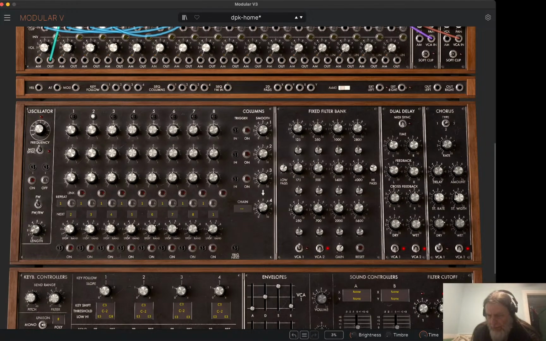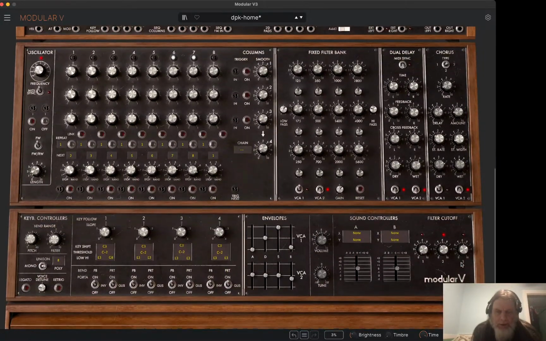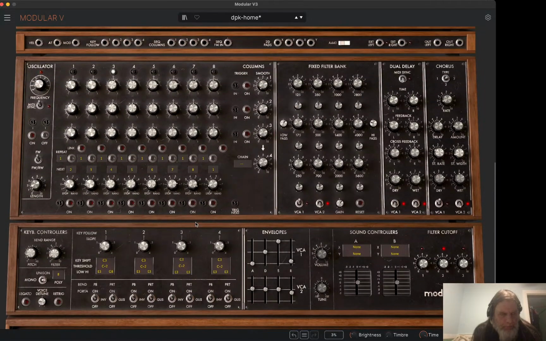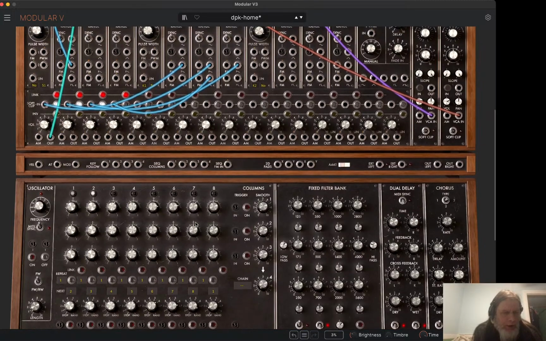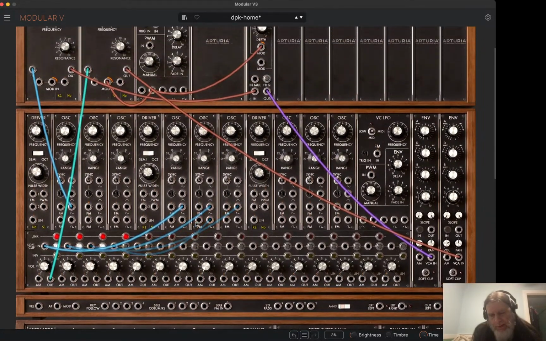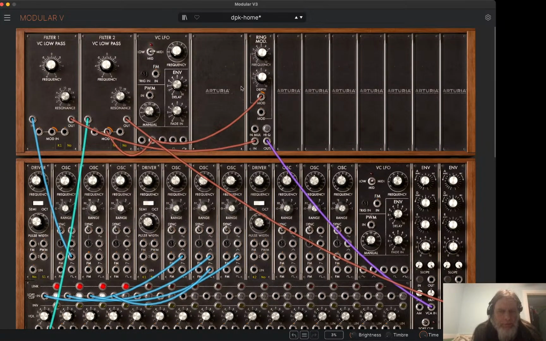The chorus, however, is only acting upon the pad sound, that octave pad sound. And yeah, that's it. And the mod wheel, I could have that modulating something, but I do not. But that's okay. So yeah, hopefully you enjoyed that.